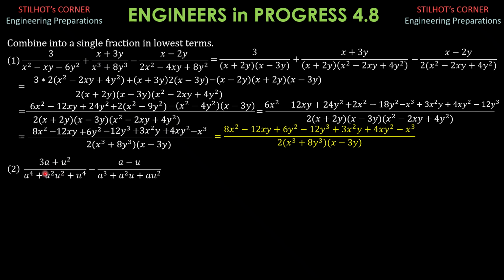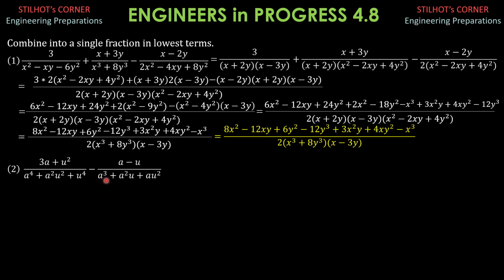But the missing term is also a perfect square. So to make this factorable, we add a squared u squared and subtract the same a squared u squared. So let's transform this into a to the fourth plus 2a squared u squared plus u to the fourth, then minus a squared u squared, so that we can factor this denominator.